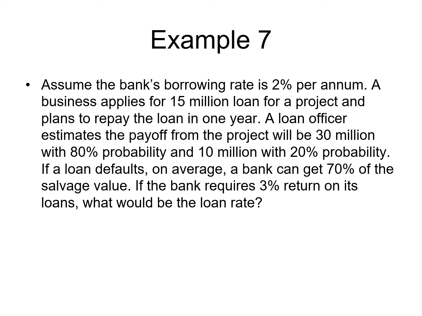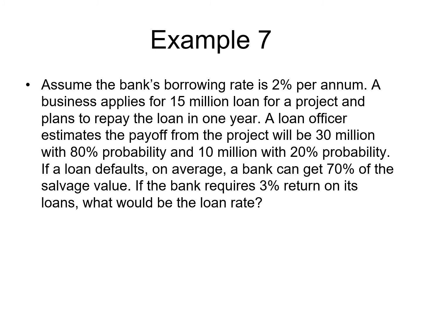Assume the bank's borrowing rate is 2% per annum. A business applies for a 15 million loan for a project and plans to repay the loan in 1 year. A loan officer estimates the payoff from the project will be $30 million with 80% probability, and 10 million with 20% probability.